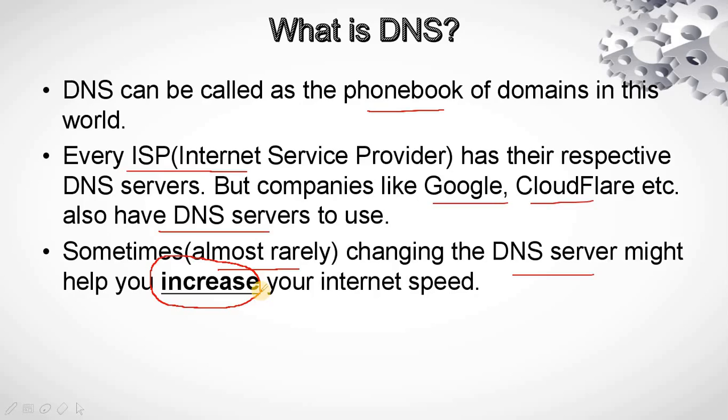If it finds the google.com IP address in the first DNS server that it queried, which is most likely the DNS server of your ISP, then it will easily connect to that IP address.